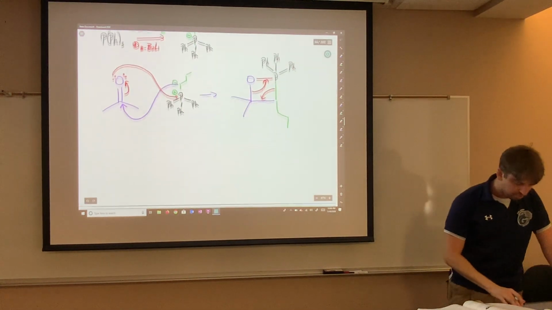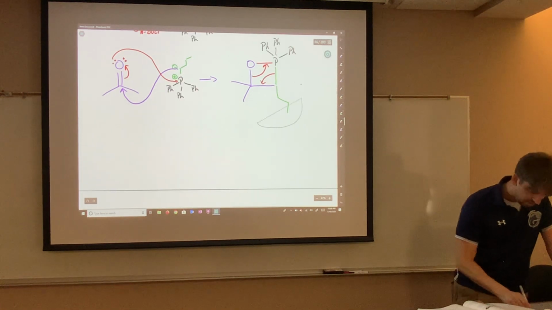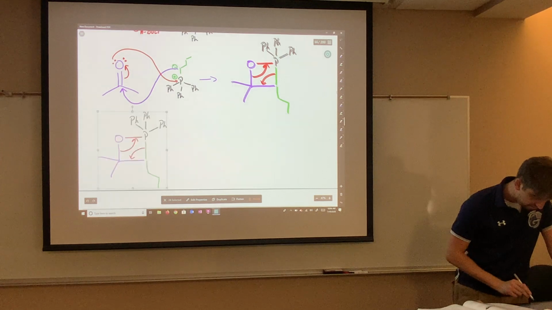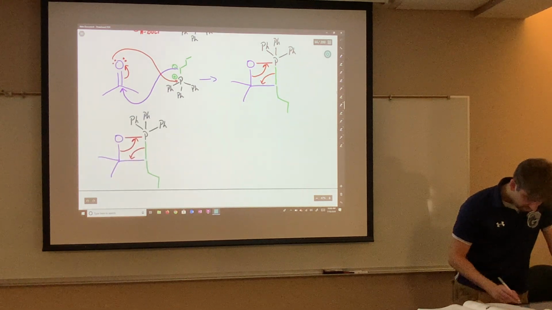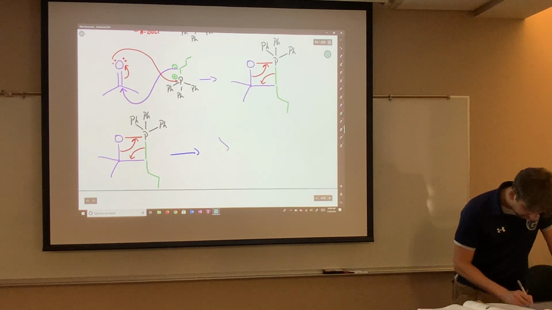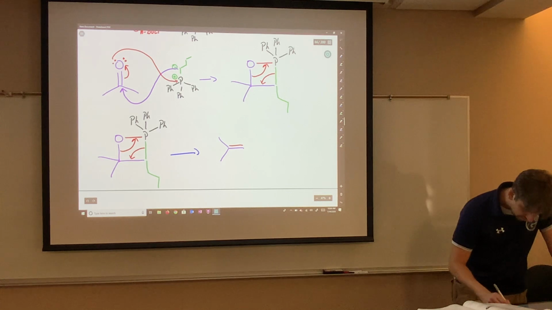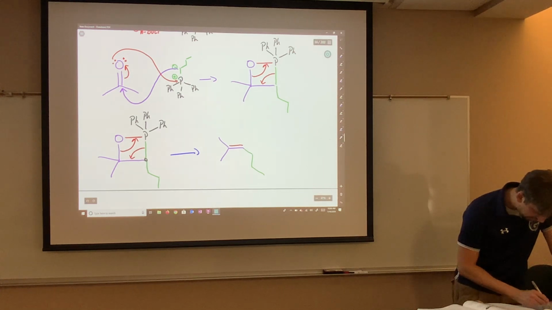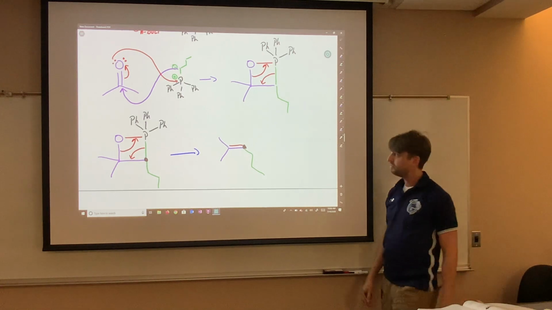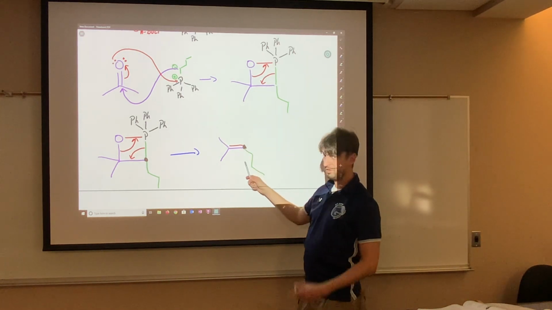So let's draw the product of this. I'm going to give myself some space, so just duplicate this and bring it down. And let's see what ends up here. So purple, purple, purple, we made a red bond here to, let me put a black dot on that carbon right there, okay? Guys with me?